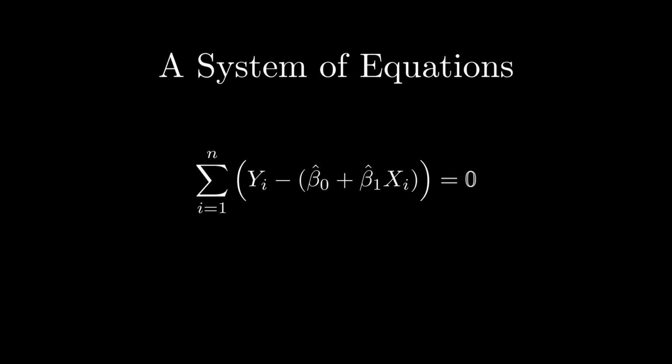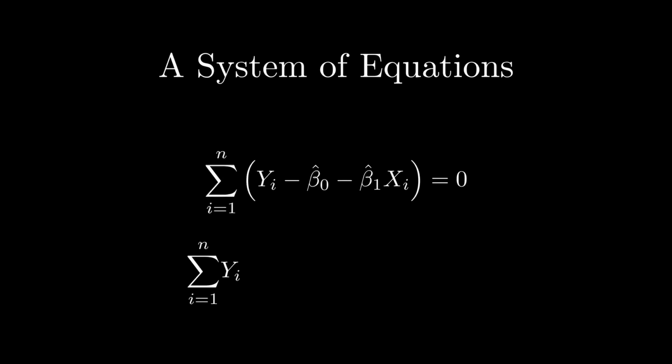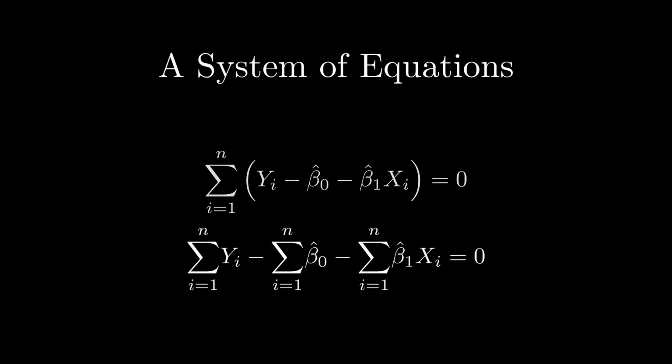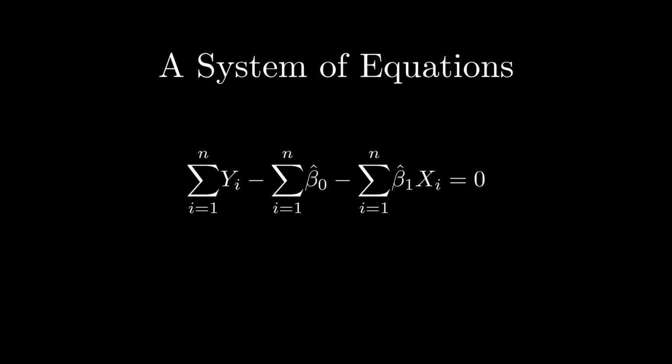Let's start with the first equation. The derivative was in terms of beta 0 to find the best intercept. So let's solve for beta 0. First off, let's distribute the negative sign and the summation. Beta 0 is a constant and doesn't depend on i, so adding it up n times gets you n copies of beta 0, or n times beta 0.